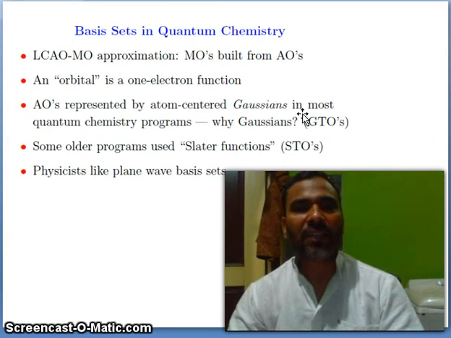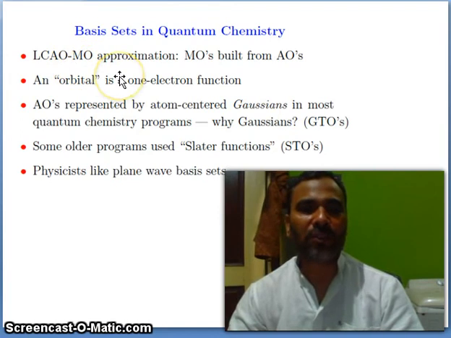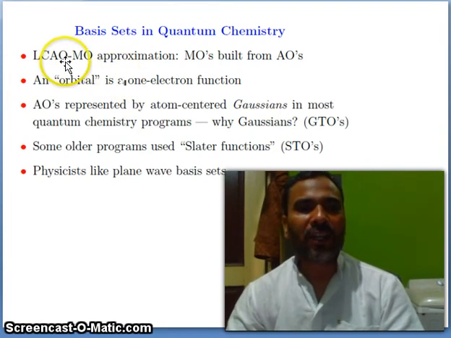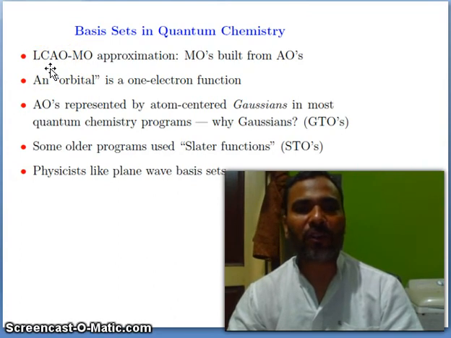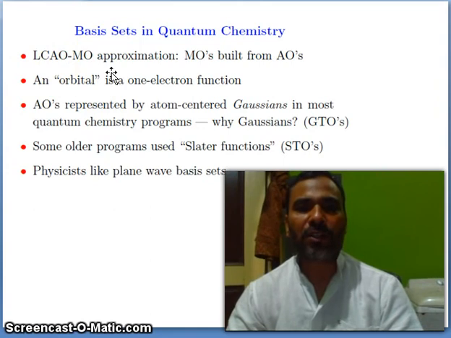So a basis set in quantum chemistry is the linear combination of atomic orbitals molecular orbital approximation. You already learned in the lower classes what a linear combination of atomic orbitals is.